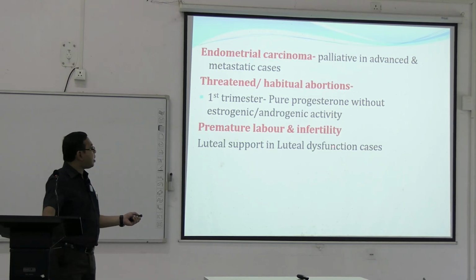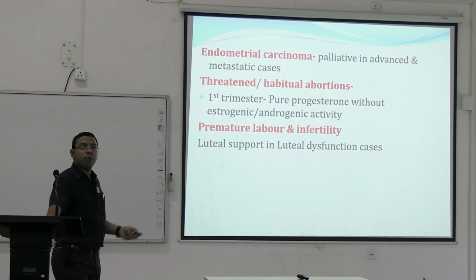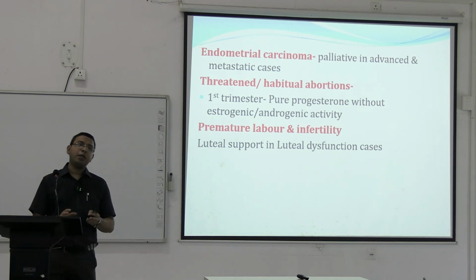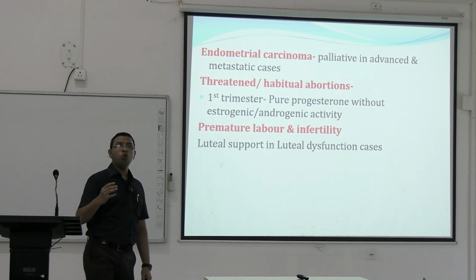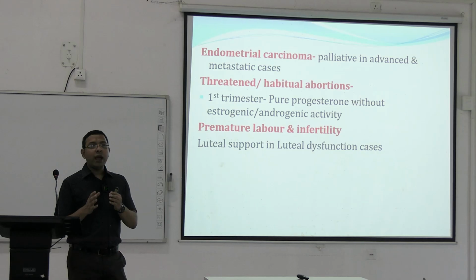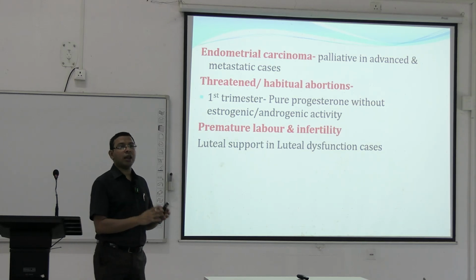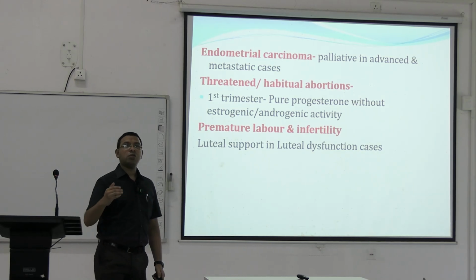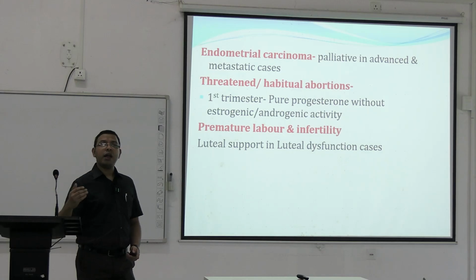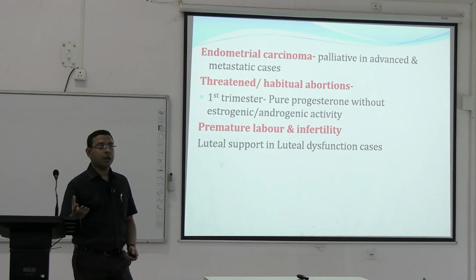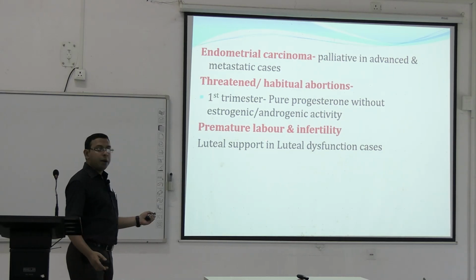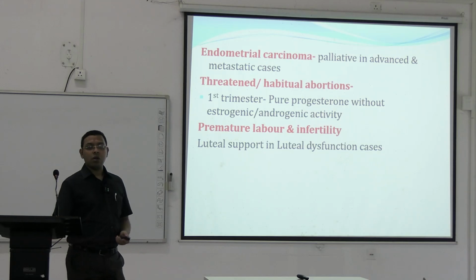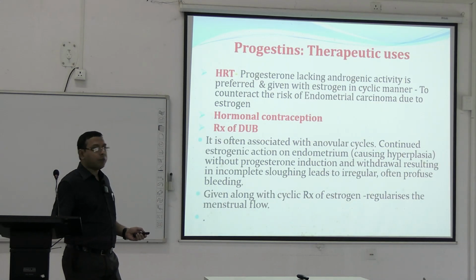Premature labor and infertility: luteal support in luteal dysfunction cases. This all happens in cases of infertility with luteal dysfunction, that is, the luteal phase of the cycle is dysfunctional. That's why progesterone is not acting as it should, and hence pregnancy is not occurring. So in infertility, and also in premature labor, we have to use progesterone. So these are all the indications of progesterone.